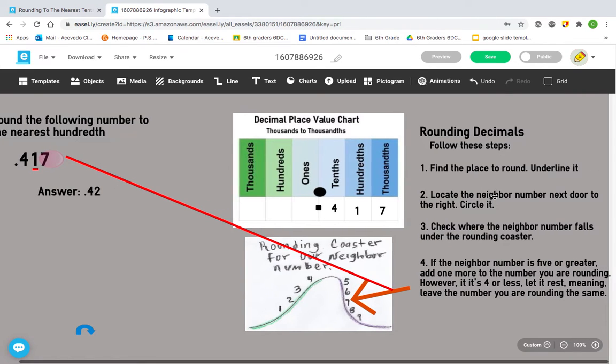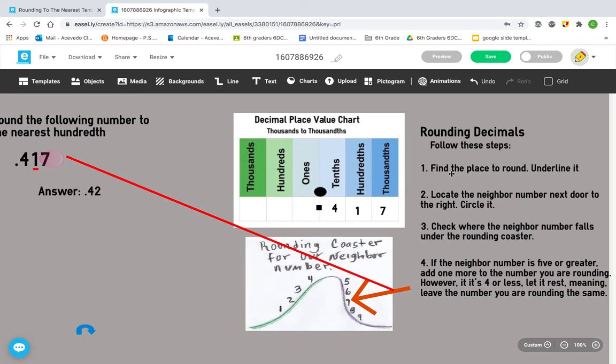So I underlined the number that I need to round, and then I located my neighbor number next door, and I see that it's 7. Then I check where that neighbor number falls on the rounding coaster, and I see that it falls on the side between the numbers 5 and 9.